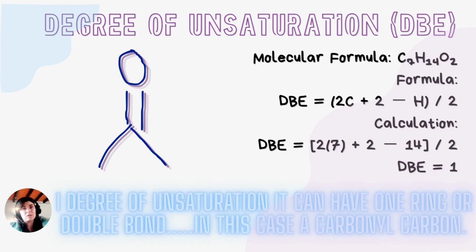As you can see, I listed here the molecular formula, how I plugged it in, and the calculation that I came up with. This represents a carbonyl carbon in this case, since in my molecule there's not a ring, so there's going to be a carbonyl carbon.